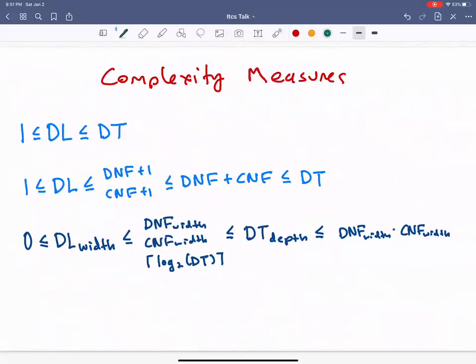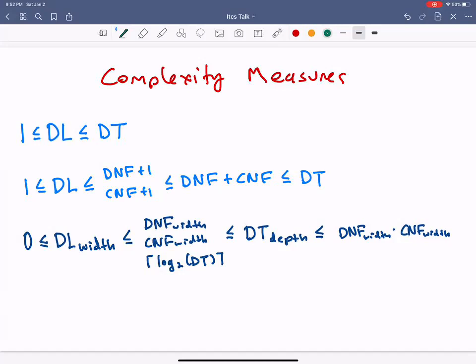These various complexity measures also have a width or depth version, and they satisfy these kinds of inequalities. In particular, note that under our way of defining things, a decision list always has at least one clause in it, and the decision list size is at most the decision tree size.